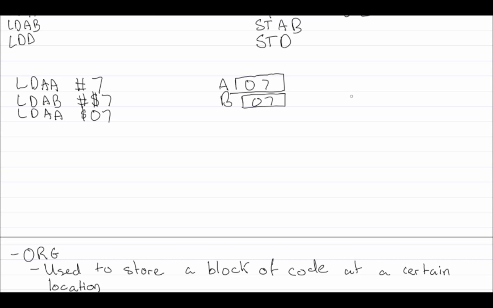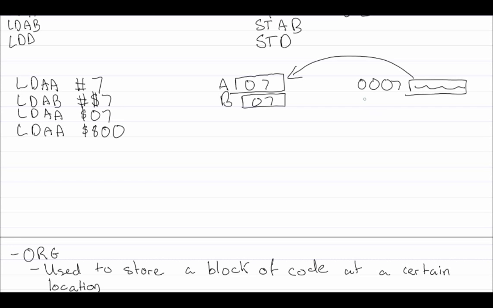So now we'll look into memory location 0007, and it will take whatever's inside 7 and put it inside A. Now, let's say we wanted to load something from memory location 800 into A again. So let's load accumulator A from memory location 800. The same thing will happen. It will take whatever is inside 800 and store it in A.